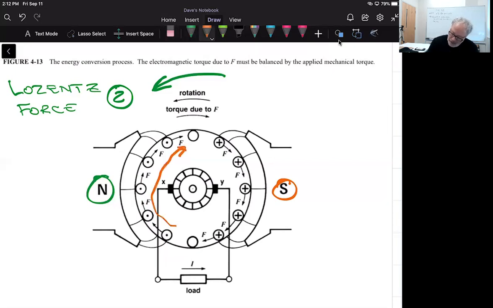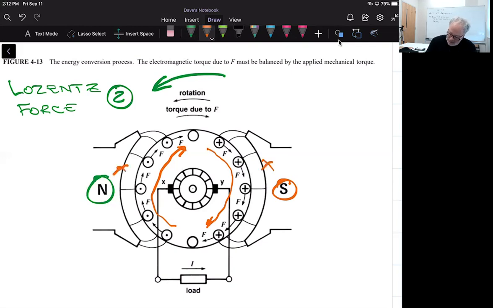On the other side, where the current's going away from us, there's a Lorentz force created on those conductors as well, and they're going in this direction, which is the opposite from one side to the other.